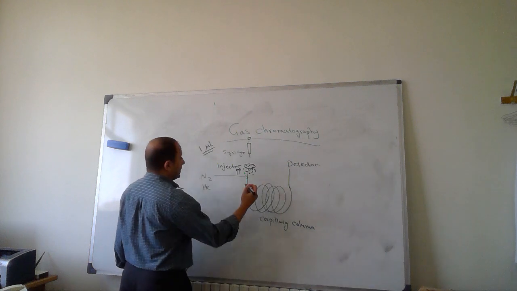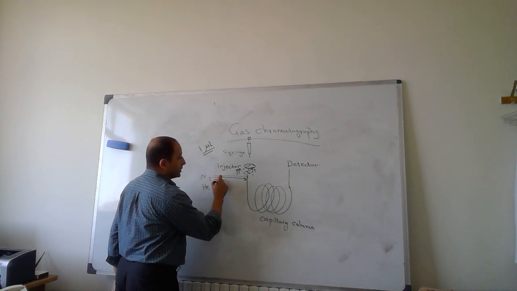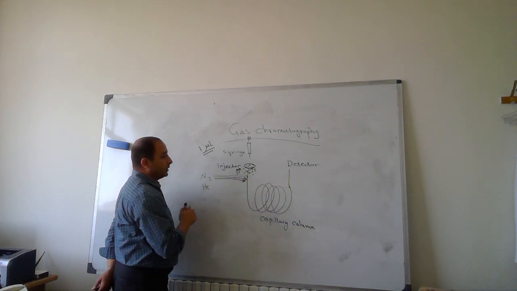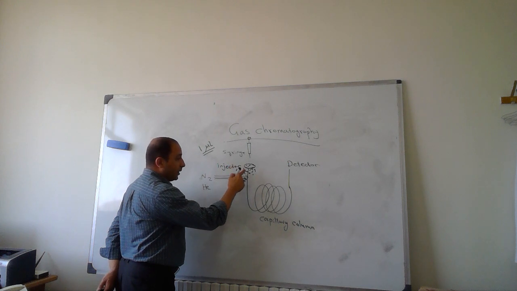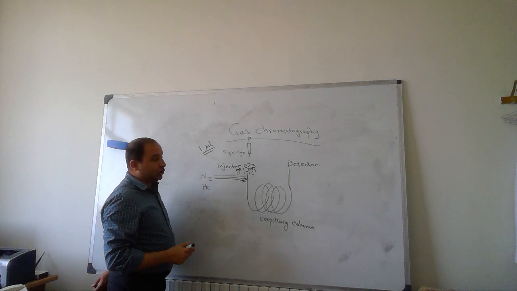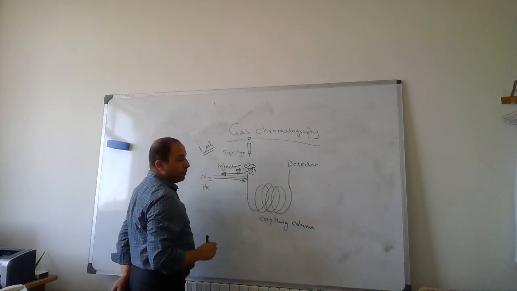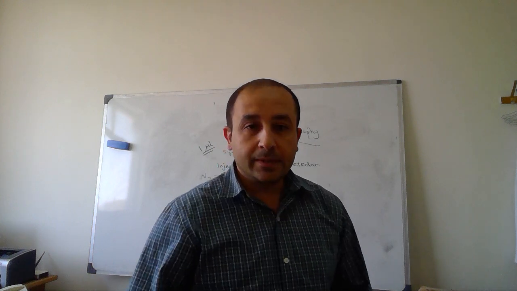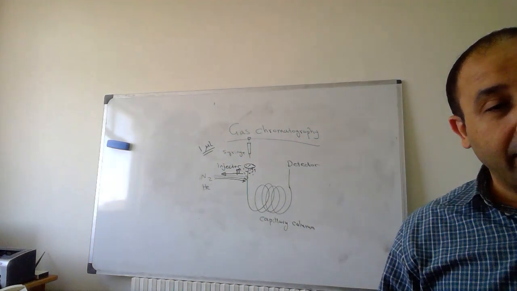In this case, instead of having a flow from the carrier gas in this direction, the excessive pressure of the gas inside the injector will oblige the flow of the nitrogen or helium to go backward, and we call this backflash.